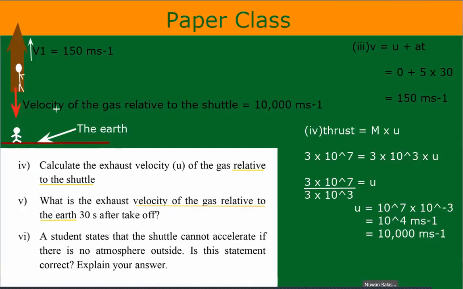So similarly, velocity of the gas relative to the shuttle means if there's a man inside this shuttle, as observed by him, what will be the velocity of the gas? That is 10,000 meters per second. So according to a man inside this shuttle, the velocity of the exhaust gas is 10,000 meters per second. That is said to be the velocity of the gas relative to the shuttle.